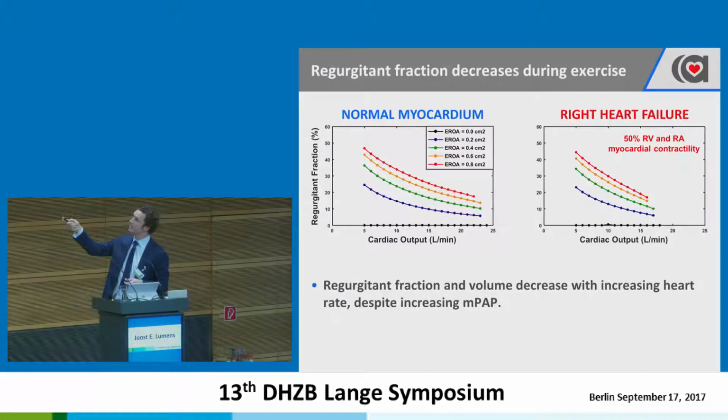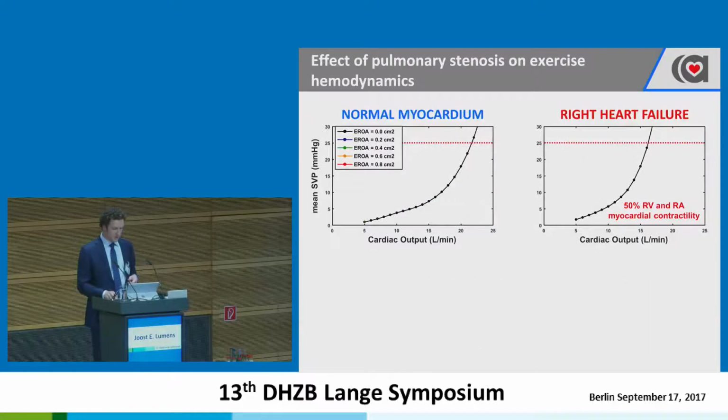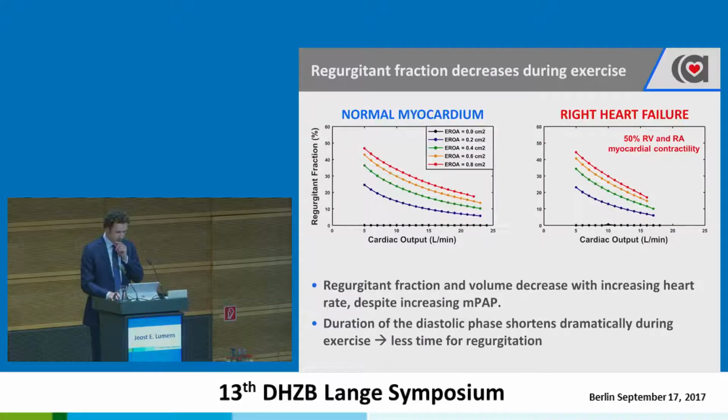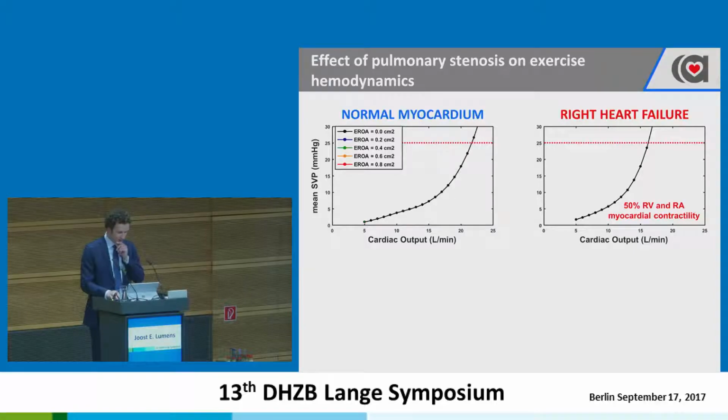You see that at baseline with the most severe leakage, you have a regurgitant fraction of 50%, and it really decreases to 50% of that, so about 25% at highest heart rates. With RV failure, obviously, you reach your limit much earlier. So now, what we did is this is a wrong label I see now, because this should say pulmonary stenosis, and it says regurgitant orifice area.